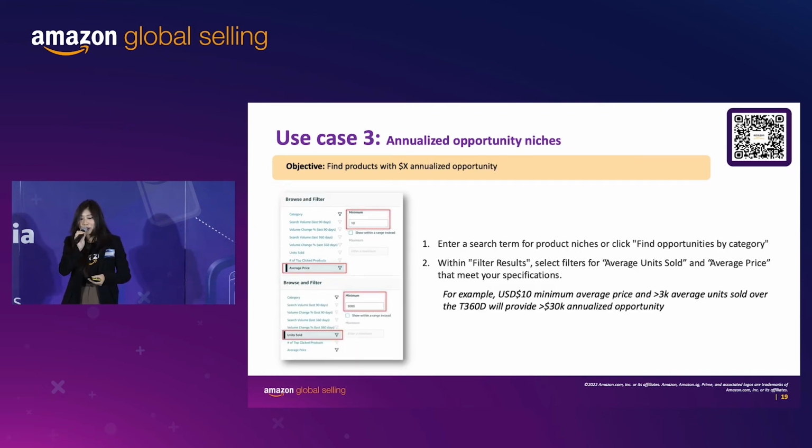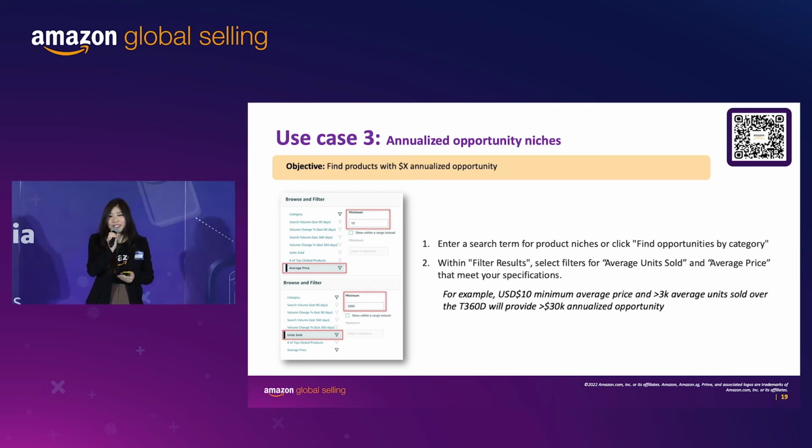So for the third use case, this will be really useful for you if your business objective is to achieve X amount of annualized opportunities. So for instance, you wish to achieve $100,000 in sales and you want to know if this category demand could potentially bring you there. So similarly, like how the first two use cases do, enter the search term, or you can also search by category directly in order to find the subcategories.